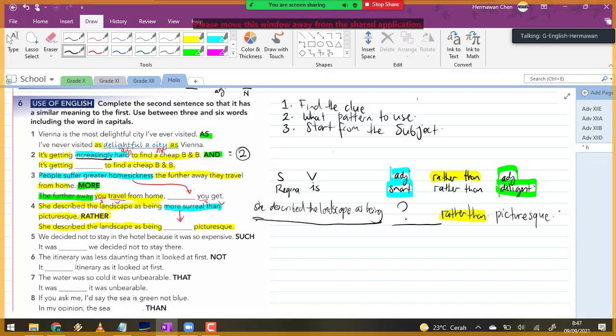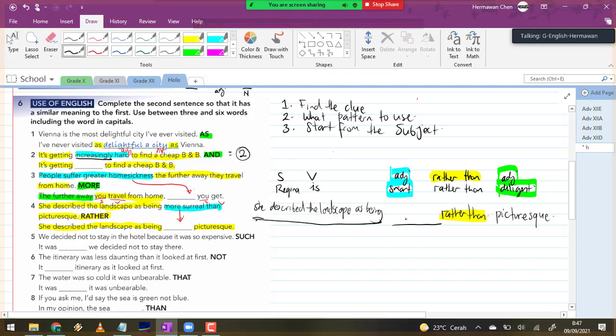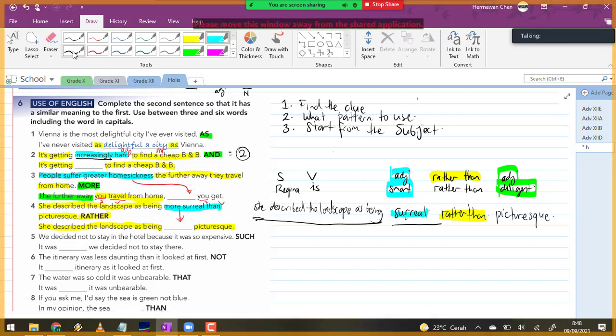Okay, picturesque means it looks like a picture, while surreal means very real. It's very clear that we have to use the adjective in the blank that's missing, and the adjective that you have to use is surreal. That's the answer.